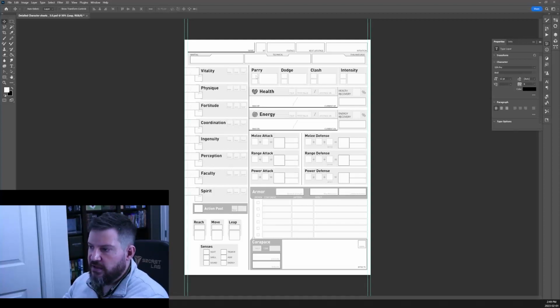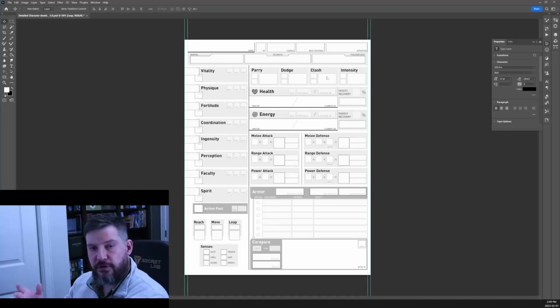So if we wanted to assign ingenuity, we would just put ingenuity in there, perception in there, and then add up the values and place them in the main block as our stat value for parry.